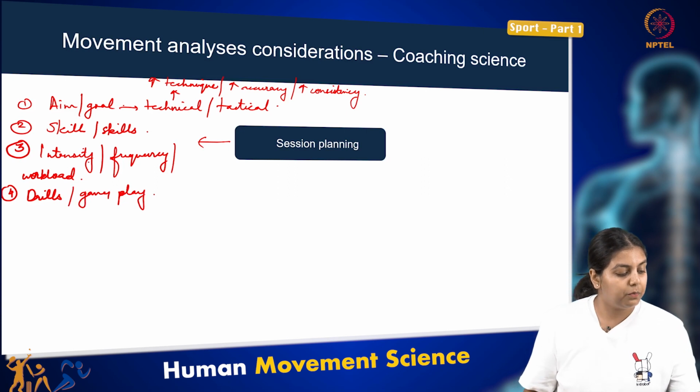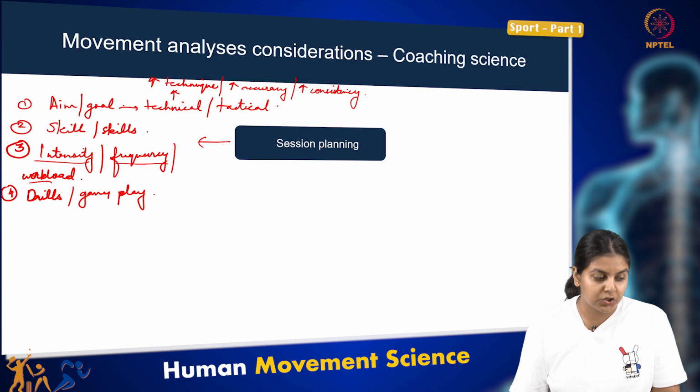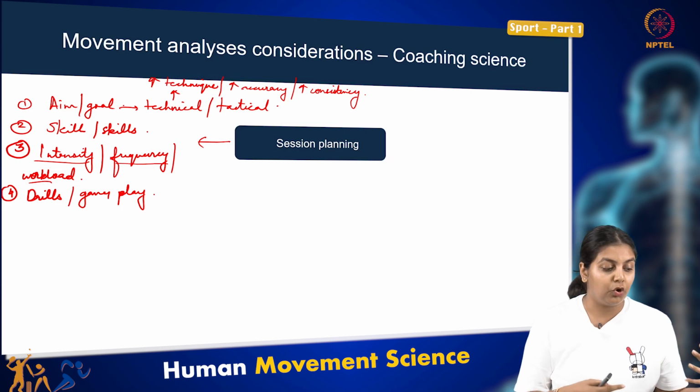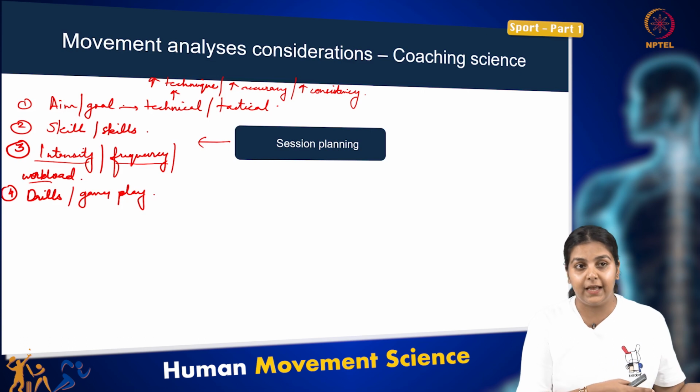Now, why would this be important? Intensity, frequency, and workload make sure that even as a coach, and you're not training your athletes, that goes to the strength and conditioning side, you need to make sure that you're balancing and having good communication with your strength and conditioning coaches. So if they are having a heavy session in the morning, you are not repeating the same thing, and you're not overloading the athlete, right?